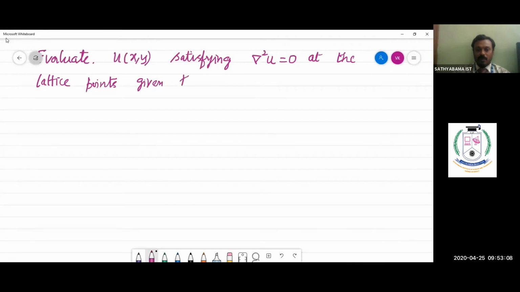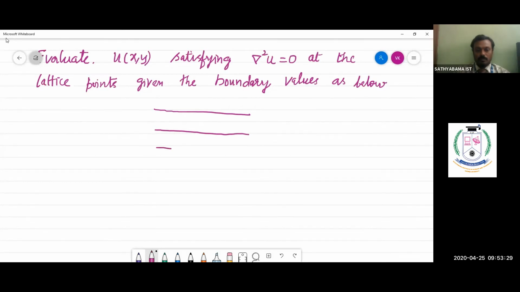Given the boundary values as below. So in the question we have given a mesh, and the boundary values are also given.